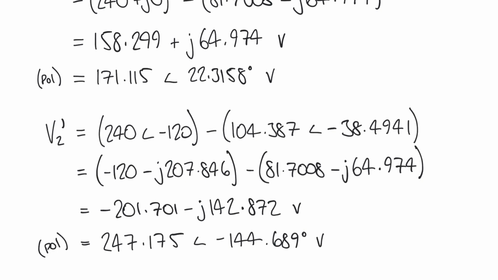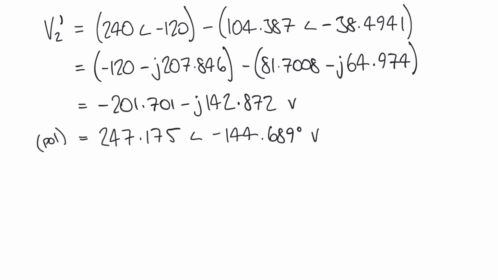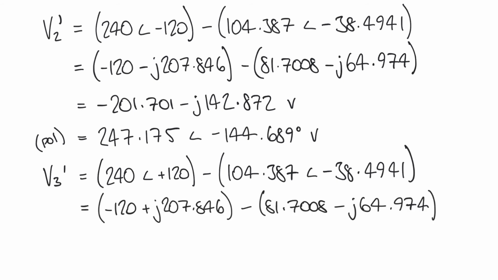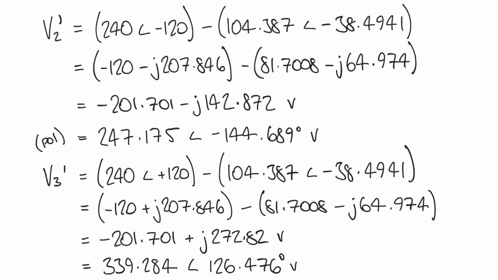V3 dash, exactly the same method. V3 this time at an angle of 120 degrees, minus that same displaced neutral Vn dash. Here it is in rectangular form, here it is subtracted, and here it is converted back into polar form. We've whizzed through those quite quickly for the sake of time, but you may want to pause the video and make sure that you're happy with those calculations yourself.